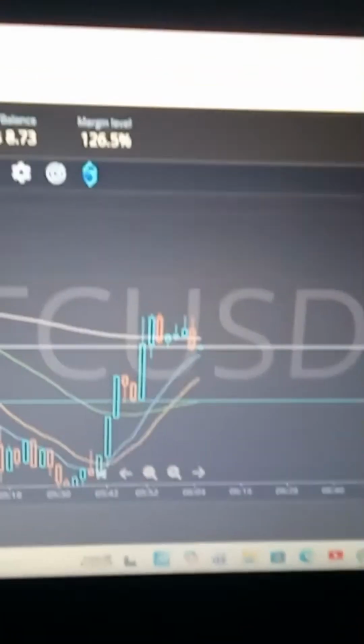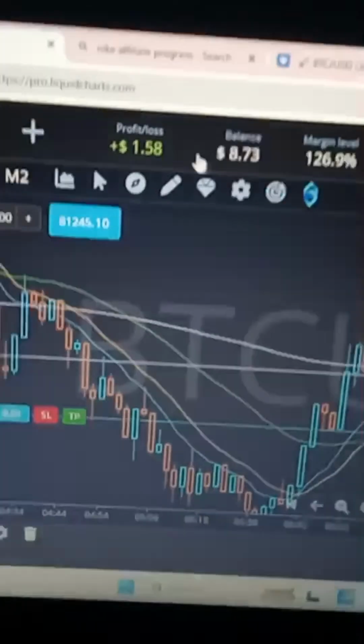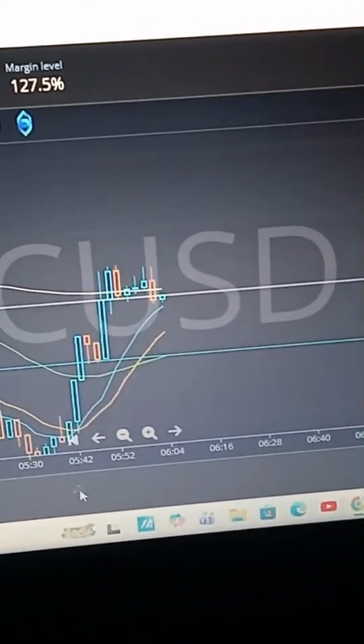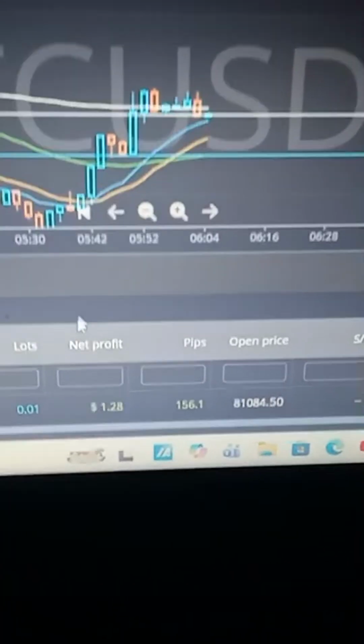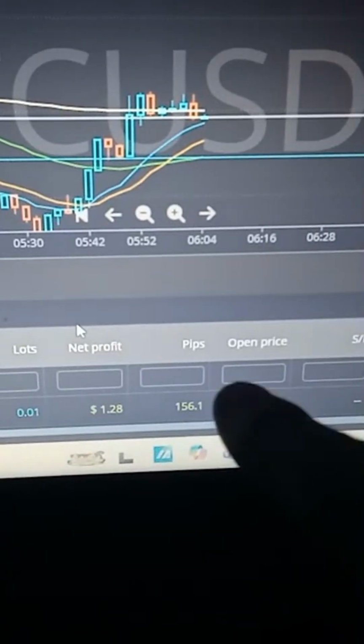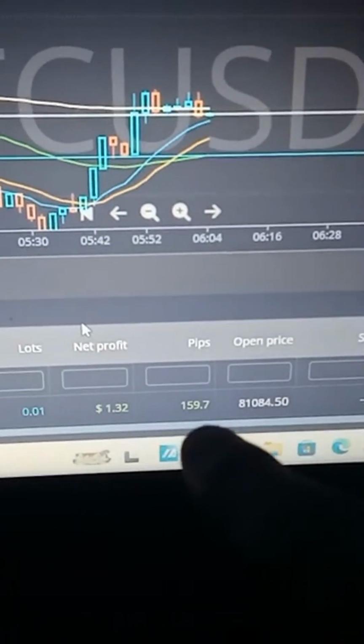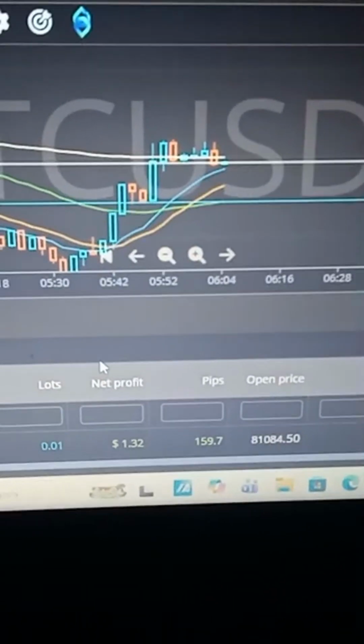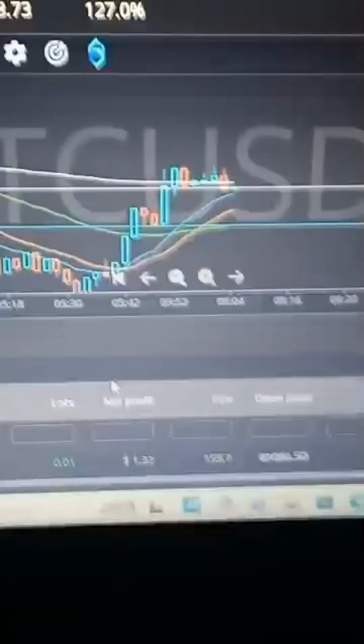Remember, it ain't about the amount of money. It's never about the money with these systems, y'all. It's all about the pips. That's what matters the most in trading.